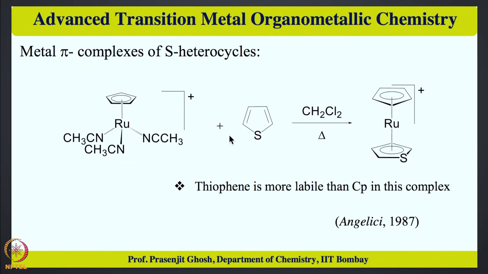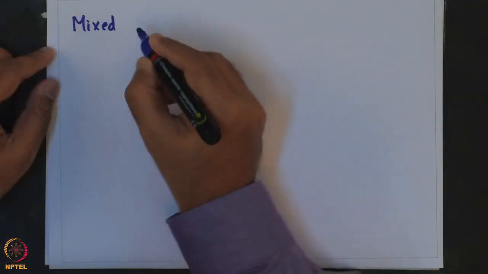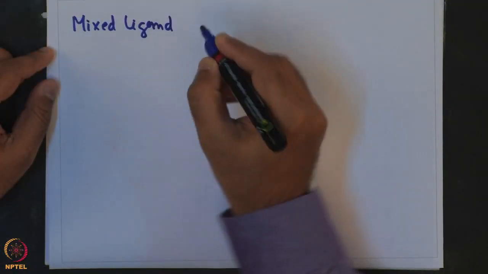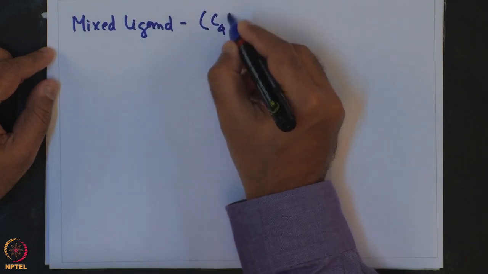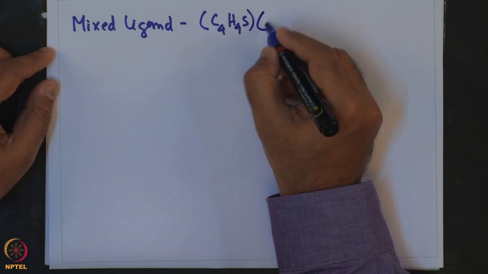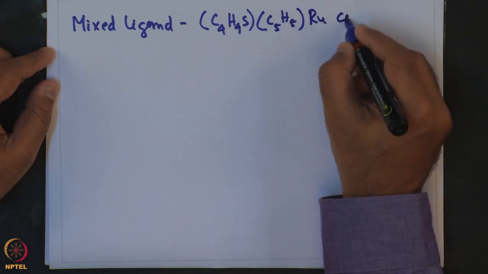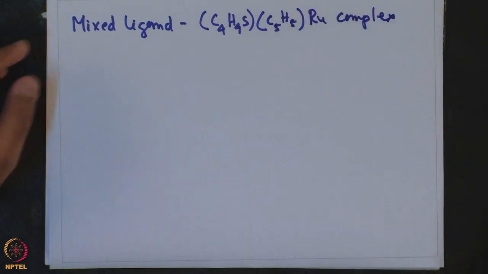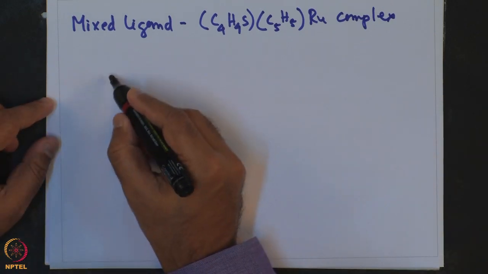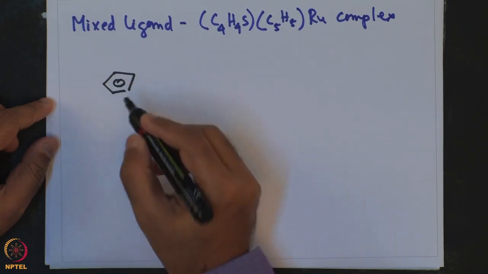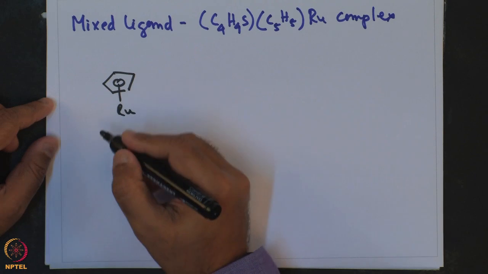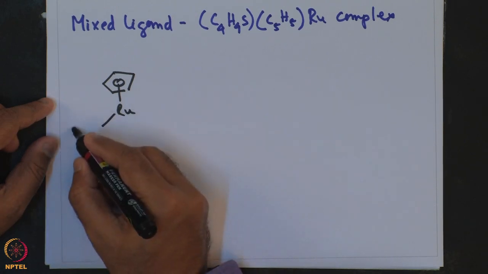This is also an interesting reaction that eventually gives rise to mixed ligand C4H4S C5H5 ruthenium complex, and the starting precursor is this cyclopentadienyl ruthenium tris acetonitrile species.